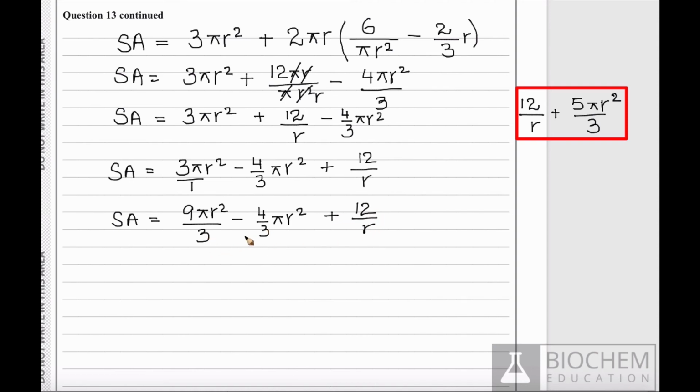As the denominators are same, now we can subtract the numerators. So therefore we can say surface area is equal to 9 pi r square minus 4 pi r square. It becomes 5 pi r square over 3 plus 12 over r. This is the same answer that they wanted us to prove in part A, hence this is my final answer.